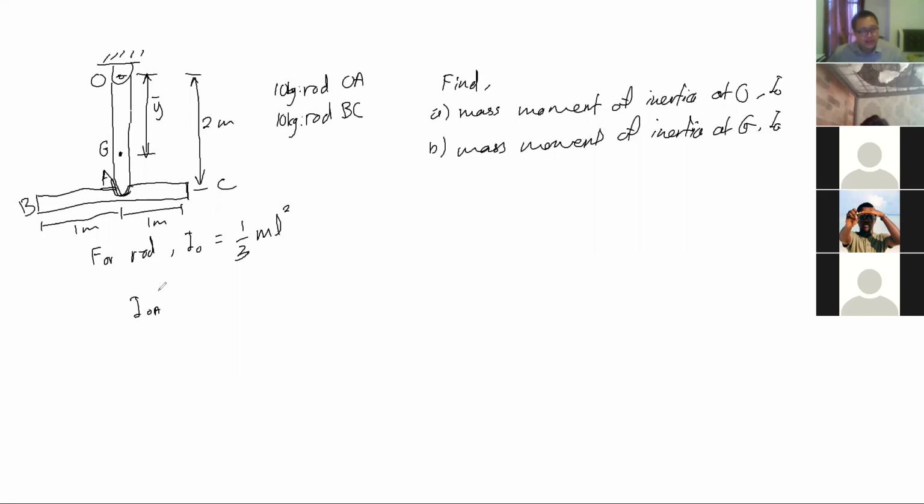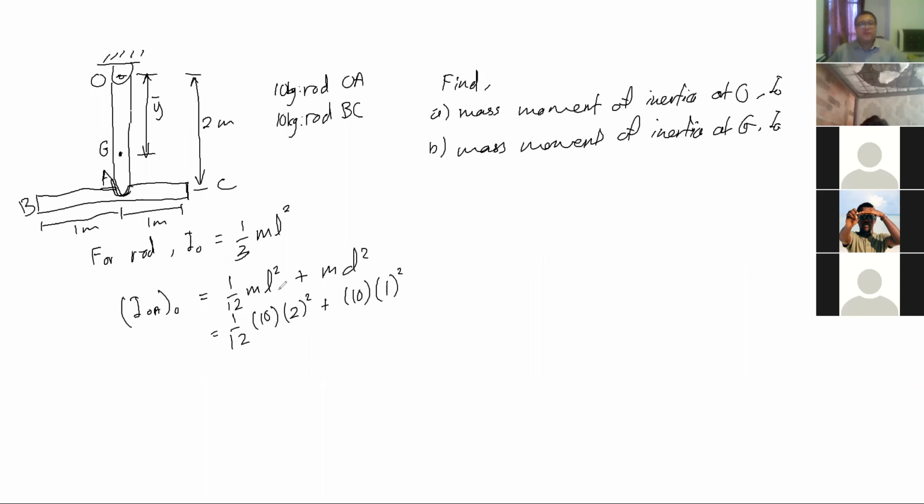I here at point O is going to be 1/12 ml square plus md square. 1/12 times 10, L is 2, plus 10 times D square.